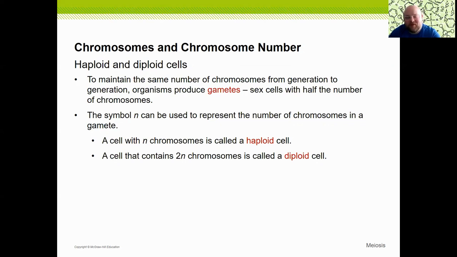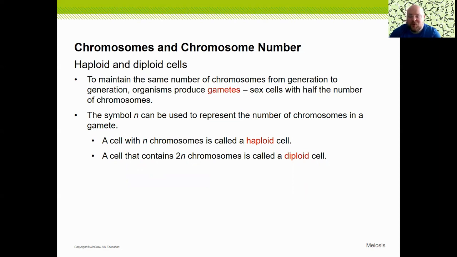Now, stop and think about that for a minute. Why would it have half of the chromosomes? Well, if it's going to create a brand new organism, half the chromosomes have to come from the mother and half from the father. So gametes have to have half as many so that when they combine, it has the total normal amount of chromosomes that the organism is going to have.